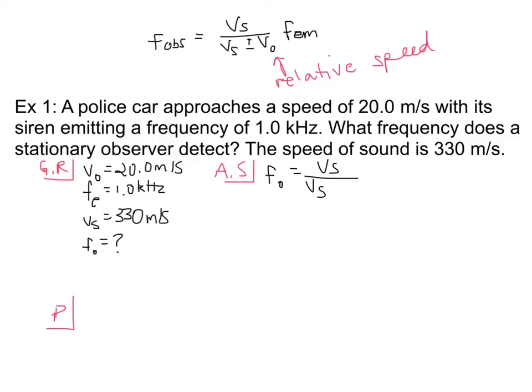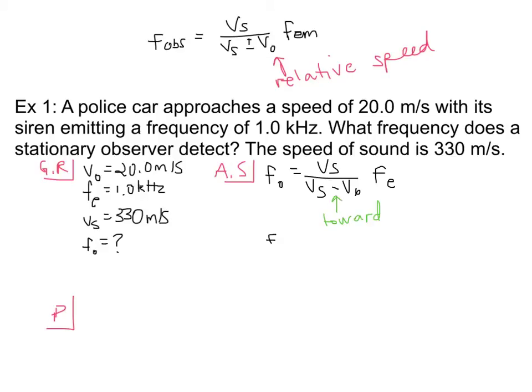So that means we need the denominator to decrease so that we're getting a number bigger. So when they're going toward, we use minus the relative speed. Okay, so we've chosen the minus here because they're going toward. If it was away from, then we would use plus. And that's times the emitted frequency.